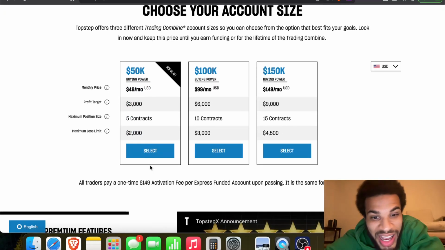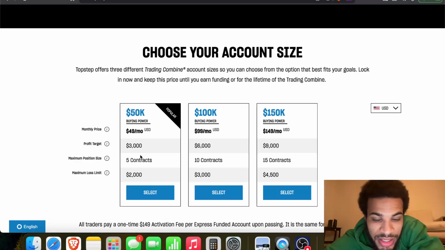This works out fine for a lot of people because trading futures can tend to be a little bit expensive starting out. So if you have at least $50 that you can put in every month, which you really don't even need that long anyway, you can pay Top Step, the prop firm, and then trade your way to getting access to the live account and start making profit from this.